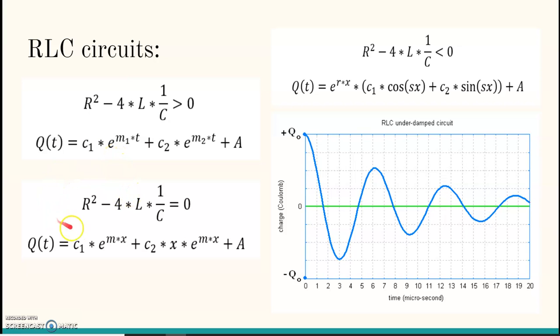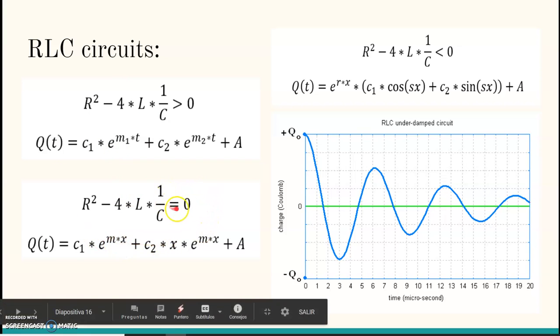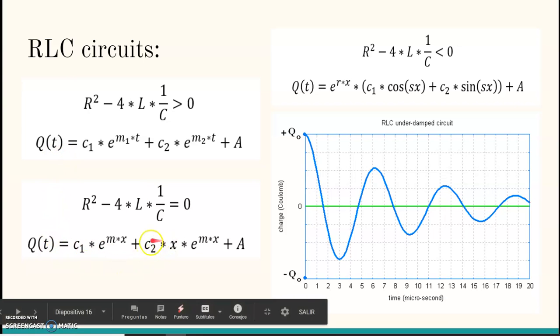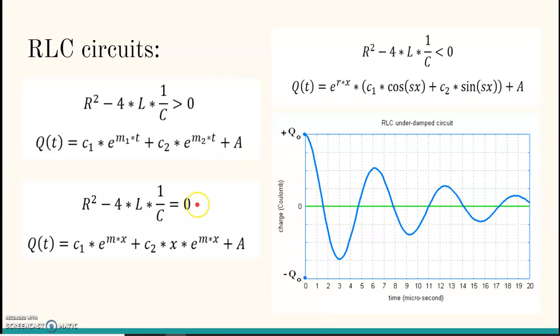The same thing with this one. If this expression is equal to 0, the charge over time will be similar to the first case, but a little bit different. The point is that these two are almost the same because their behavior will be exponential, and most of them diverge to infinity when t goes to infinity.